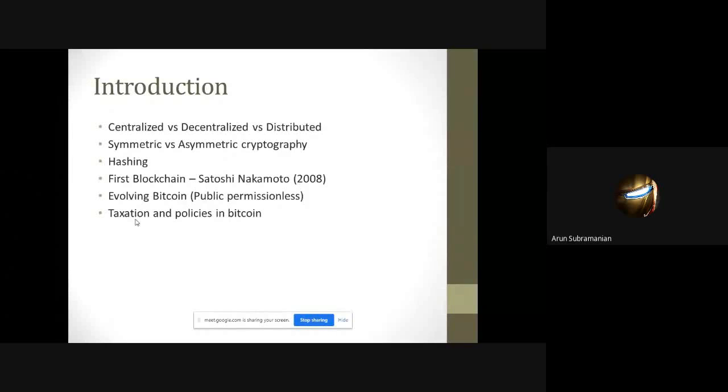So by 2009, a public permissionless network evolved. That's the Bitcoin network. If I say public permissionless, any person can join that network, and it is public. So your information is not maintained there. You are anonymous there. The people will not know how much you are transacting or how frequently you are transacting.